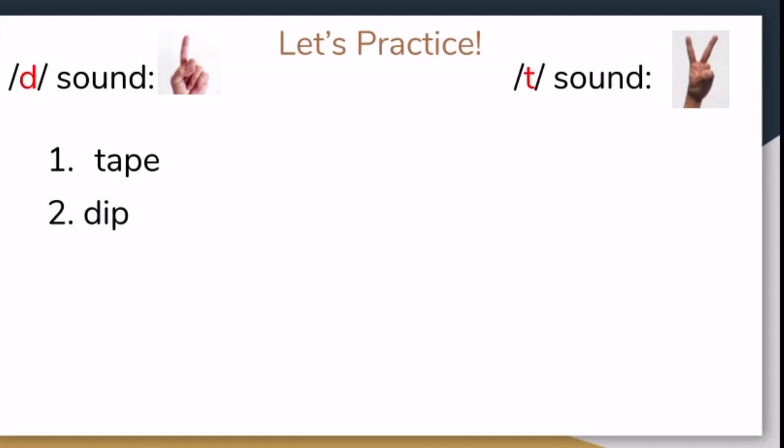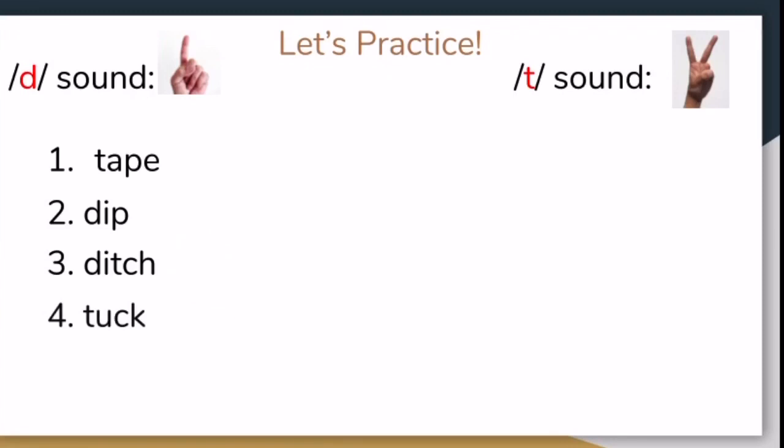Dip. Are you holding up a 1 or a 2? If you're holding up a 1, you're correct. Ditch. Are you holding up a 1 or a 2? If you're holding up a 1, you're correct.